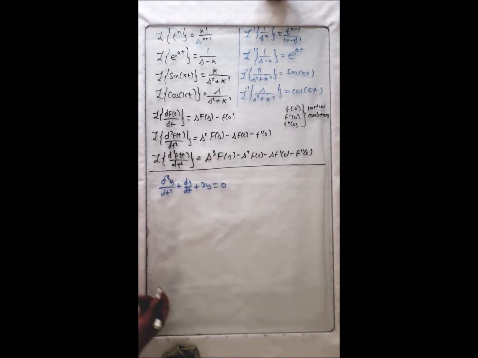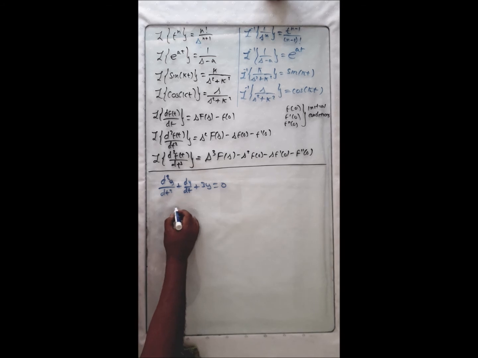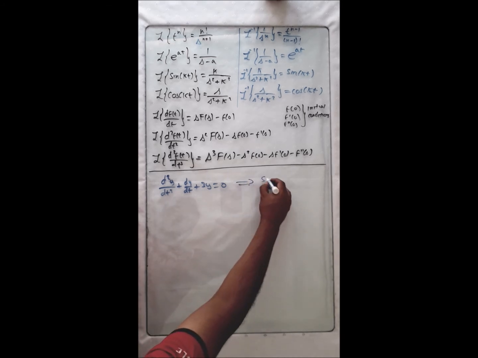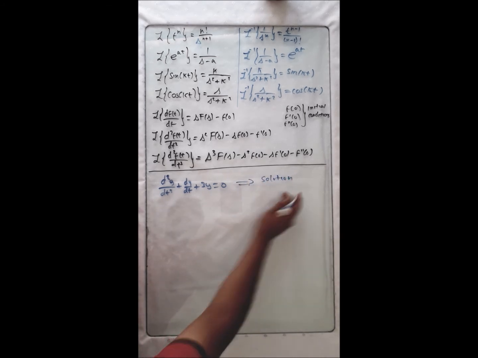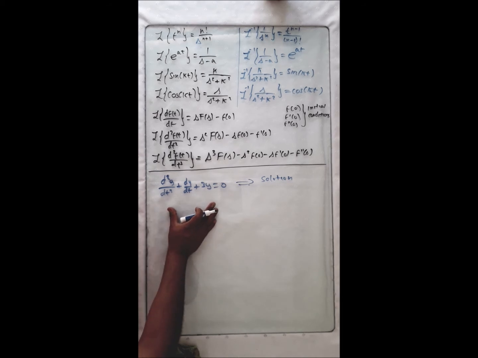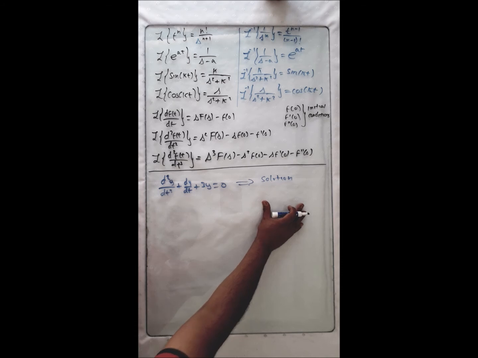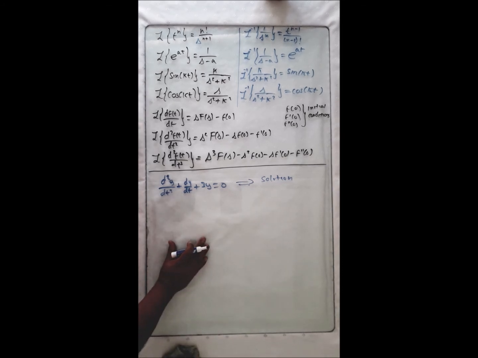So that is the differential equation, second order differential equation with constant coefficients. Now, we want in the end the solution. And we already know how to solve this, but we are going to take another way to solve the same by using the Laplace transform.